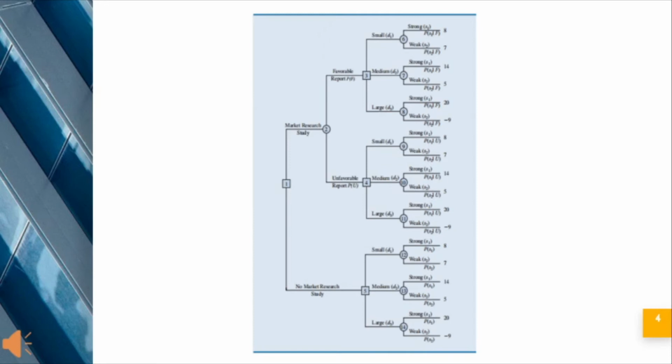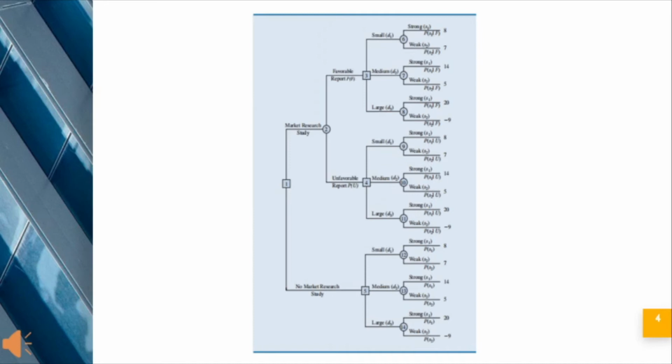At chance nodes 6, 7, and 8, we need to know the branch probabilities: the probability of state of nature 1 given a favorable market research report, and the probability of state of nature 2 given that the market research report was favorable. These two branch probabilities indicate a conditional probability because we are interested in the probability of a particular state of nature conditioned on the fact that we receive a favorable market report.